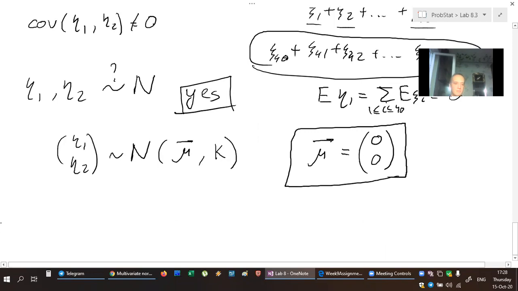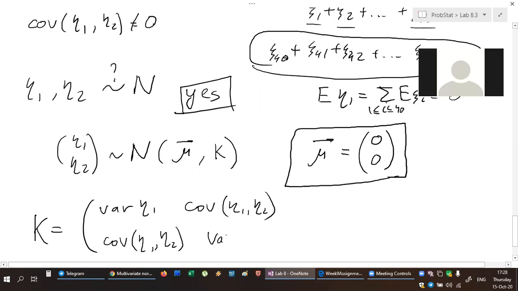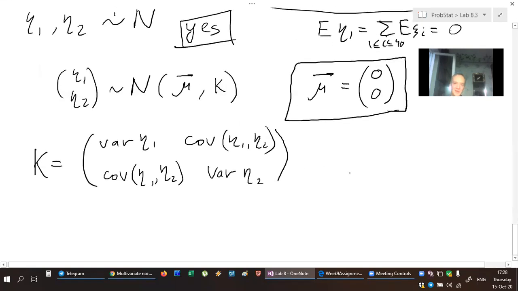What about matrix K? By definition, the covariance matrix is the following matrix. Can you tell me the values? For instance, what is the variance of eta1? 1. That's strange, why do you tell me this answer all the time? Like the previous group, the same answer. It's not 1.